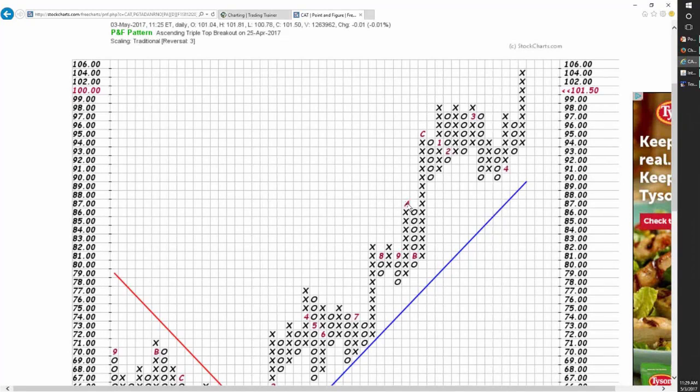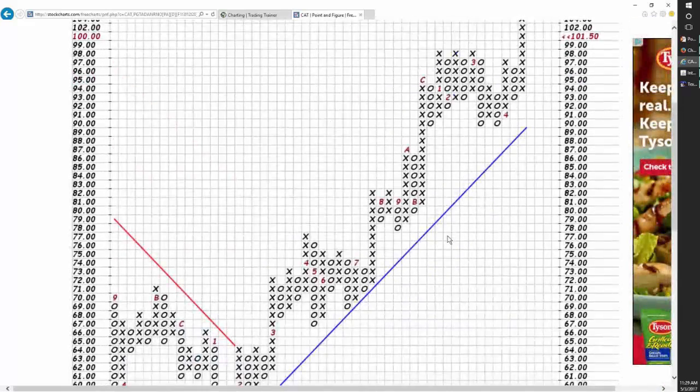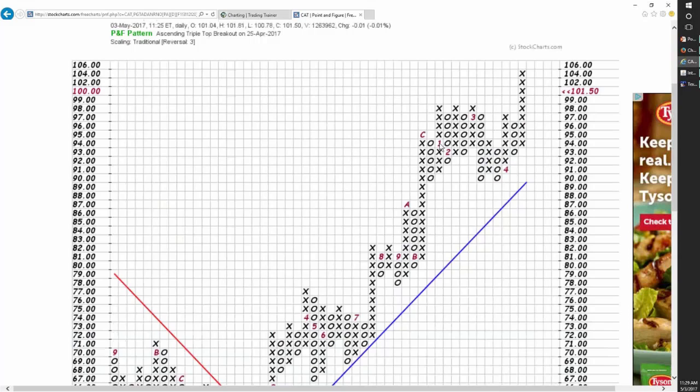A represents October. B represents the beginning of November. C represents the beginning of December, and then we start all over: January, February, March, April of 2017. And as you can see at the bottom of this chart, 2017 started on January. So I hope that answers your questions.